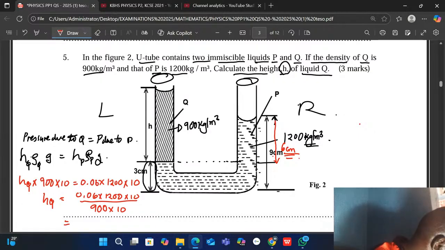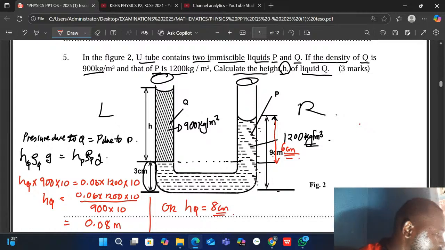And this one is supposed to be giving us 0.08 meters, or you can say H of Q will be the same as 8 centimeters. So if you want to give it in centimeters, then it will be 8 centimeters.